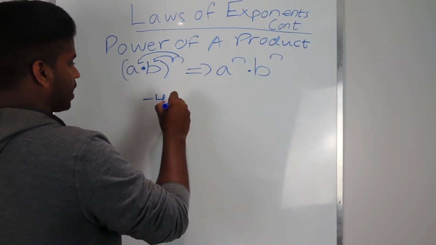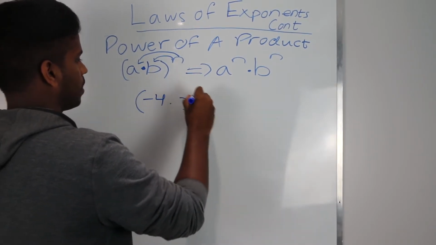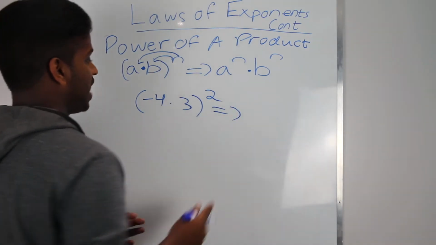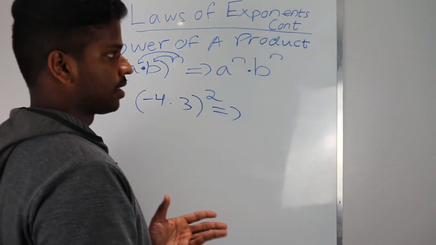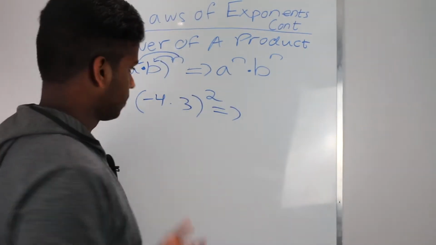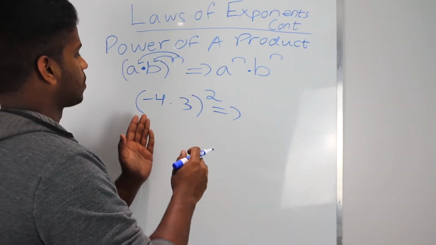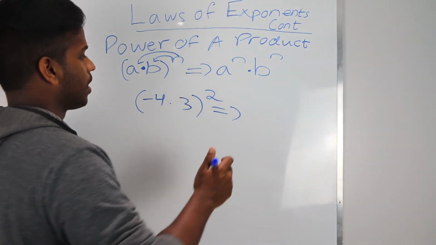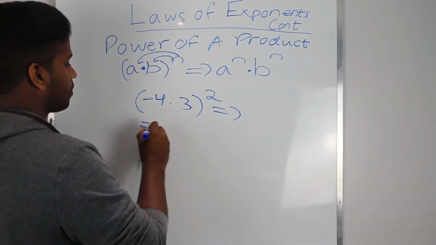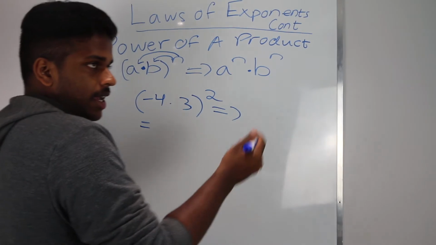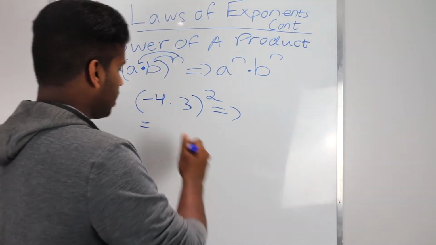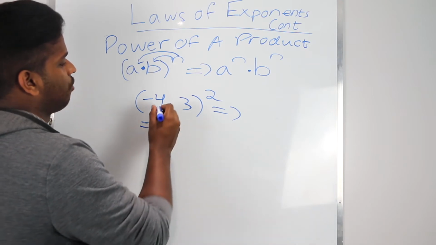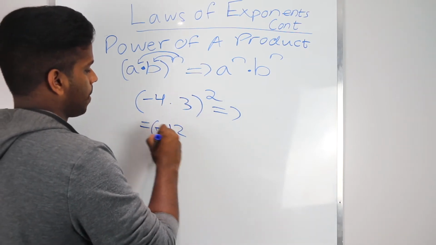Let's try something like this. We have -4 now, because A and B can be real numbers. So (-4 times 3) squared. Let's solve this without the law first. -4 times 3, a negative times a positive gives you negative, so -12.